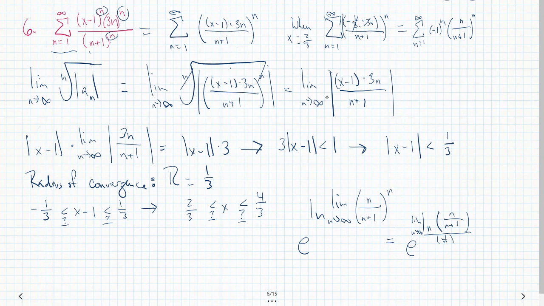And so we'll have to go through this rigmarole in terms of what this is going to become. Well, this is e to the limit as n goes to infinity. We get a negative 1 over n squared down below. And up top, the natural log derivative will be 1 over n plus 1, but we can just flip-flop that, make it n plus 1 over n, and then times the derivative of that.